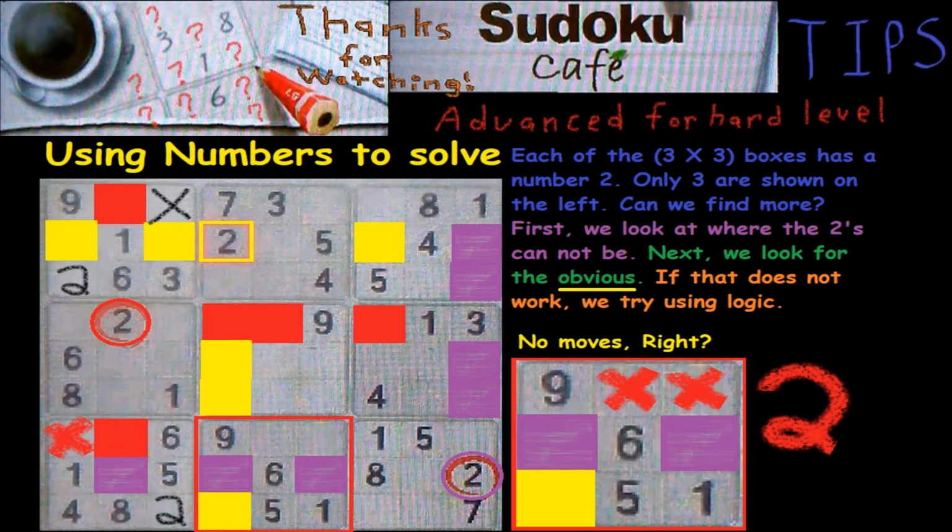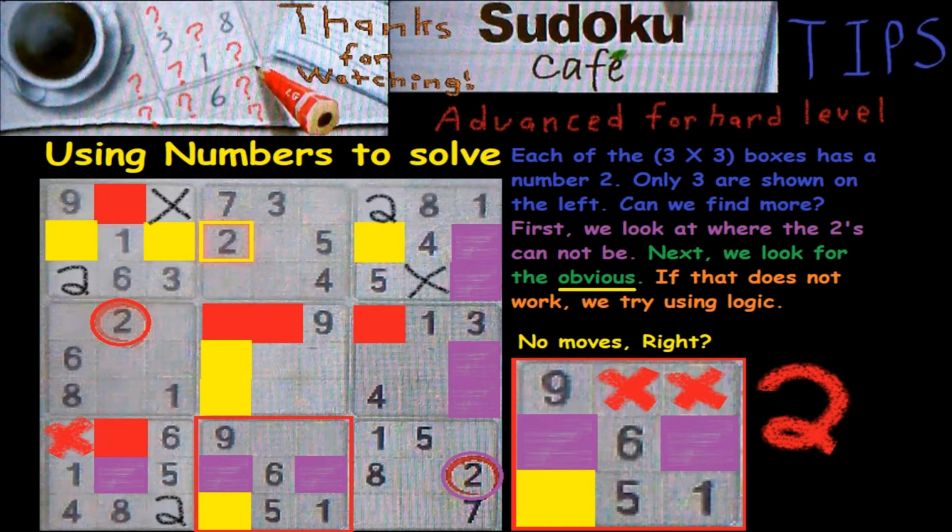Okay, now that we're making some progress, let's see where else we can put a 2. Well, if you look to the set of boxes on the very far right, you'll notice there's only 2 slots open. Now that we have the black 2 in place right there, we can eliminate the spot right here. So we eliminate that spot.